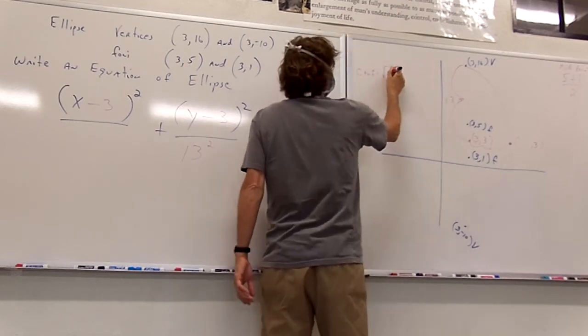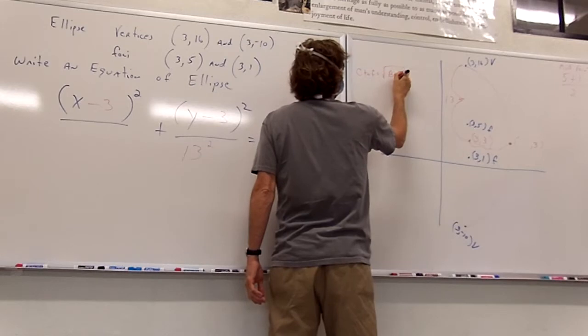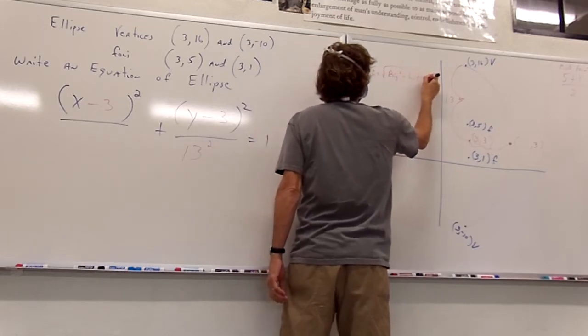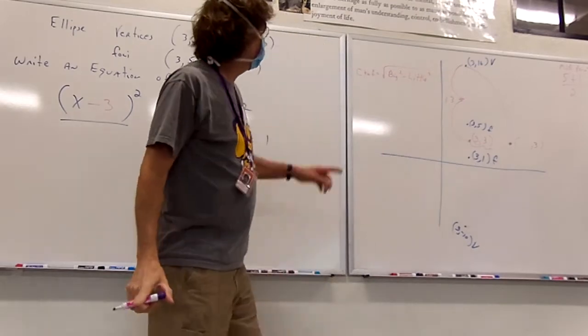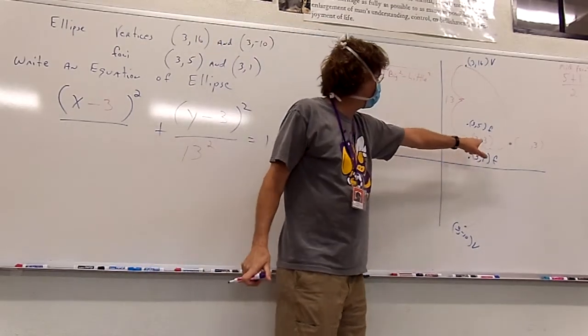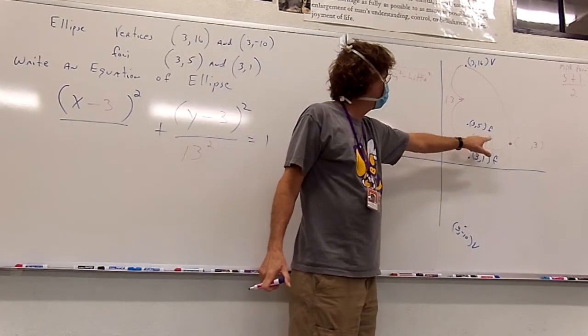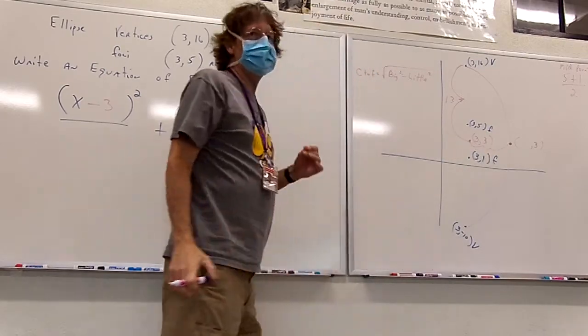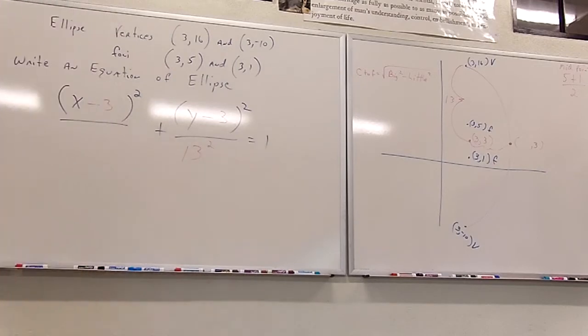Equals the big squared minus the little squared, right? The little count squared. Well, we know how far it is from the center to the focus. How far is it? 2. Fill in the blanks. What you're going to do is look at the information you have and pick out some formula that uses all the information you have to find what you don't have.